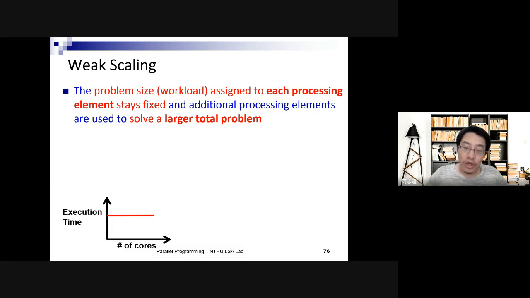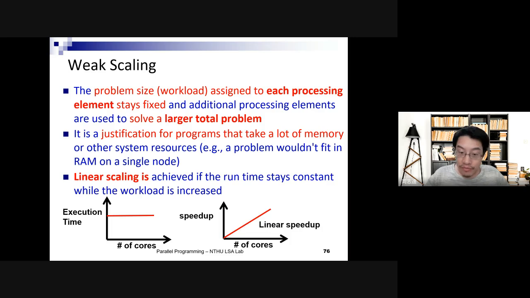So in other words, in this experiment, you will fix the ratio between the amount of computation and a single core. The computation amount per processor will remain the same, no matter what scale you are conducting your experiments at.